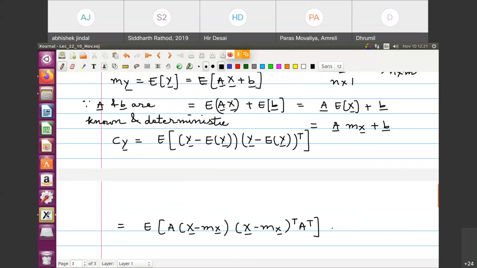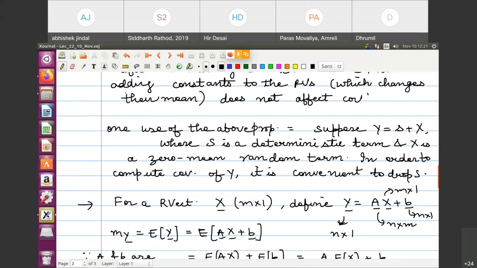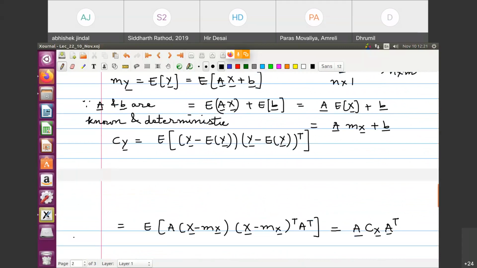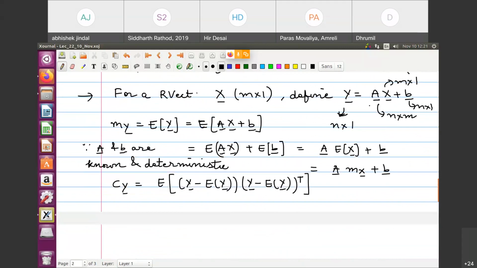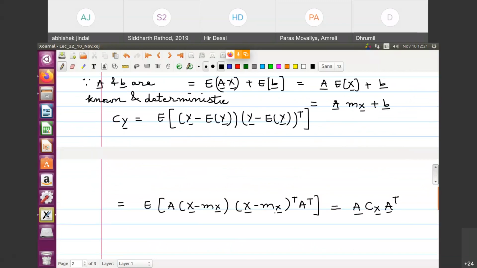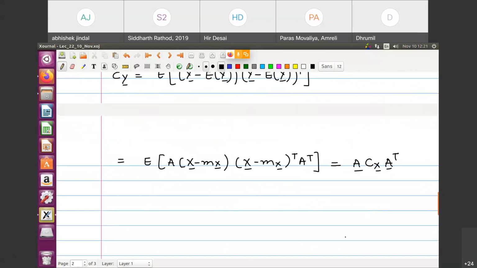So this is equal to A times C_x times A transpose. We have already seen that the addition of a constant doesn't affect the covariance, so in the ultimate expression for the covariance of y there is no mention of b. A will definitely impact it, because if x is a random variable, then A times x will scale the mean as well as the variance. So A C_x A transpose is the expression for the covariance of y.